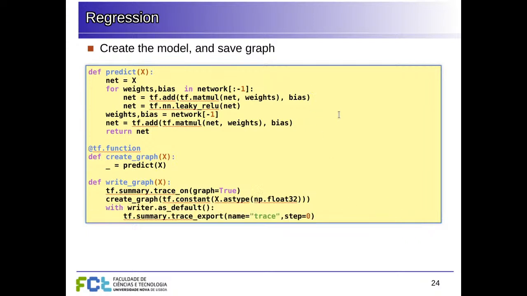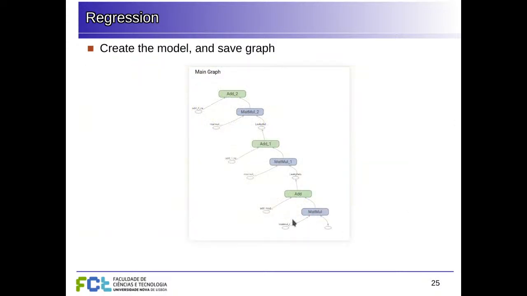So this way you can look at the graph of your model, only looking at the model that you wrote. So in this case, I have here the multiplications, addition, multiplication, addition, and so on. And this would be one with 3 layers, and I'm looking at all the computations that I have in this prediction.